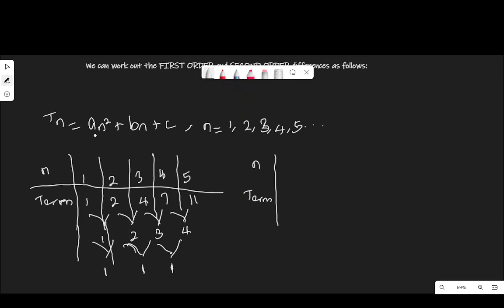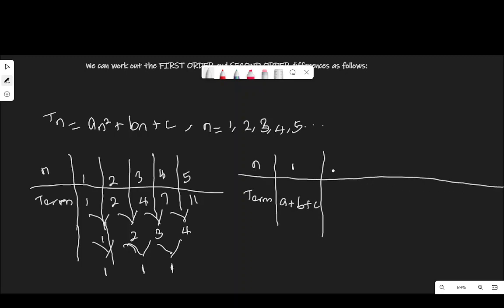When n is equal to 1, that is 1 times a, which is a, and 1 times b, which is b. So I'll have a plus b plus c as the term of the sequence when n is equal to 1.